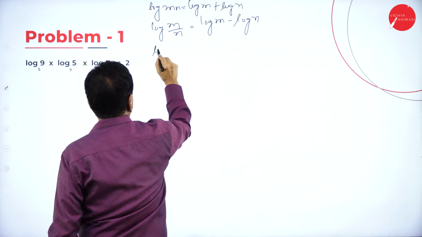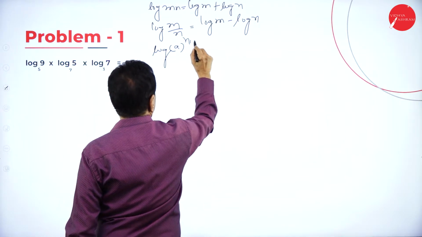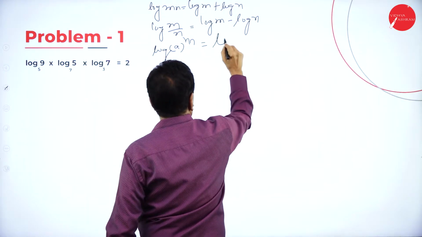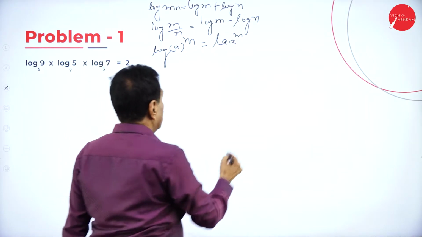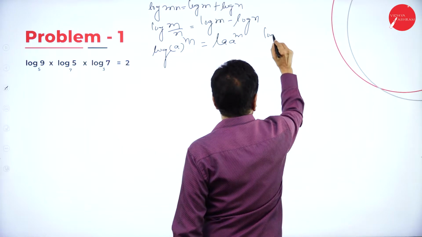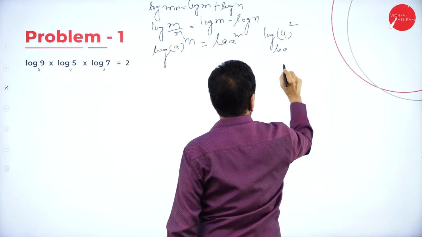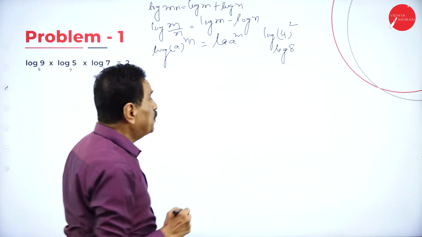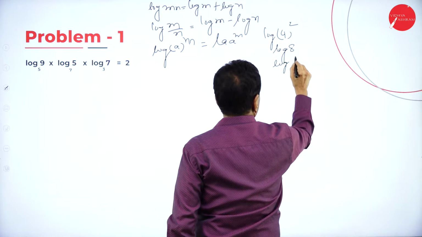Then log a to the power of m can be written as m log a. Or we can say log 4 to the power of 2 can be written as 2 log 4.